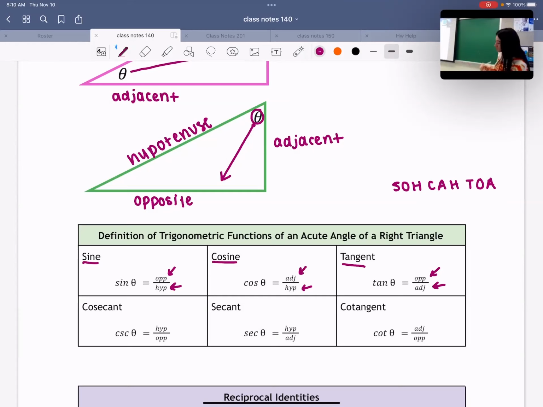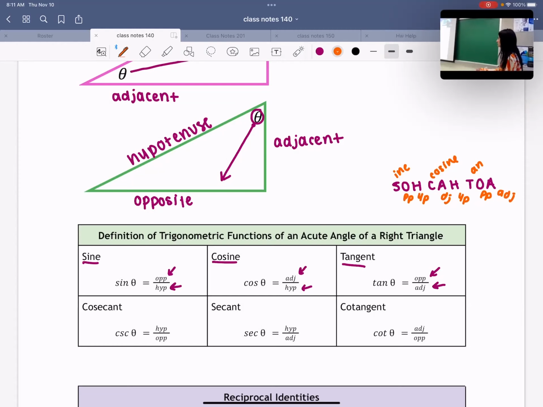And what this stands for is that the sine is the opposite over the hypotenuse, okay? The cosine is the adjacent over the hypotenuse, and the tangent is the opposite over the adjacent, okay? So I think it's kind of easy to memorize those 3.